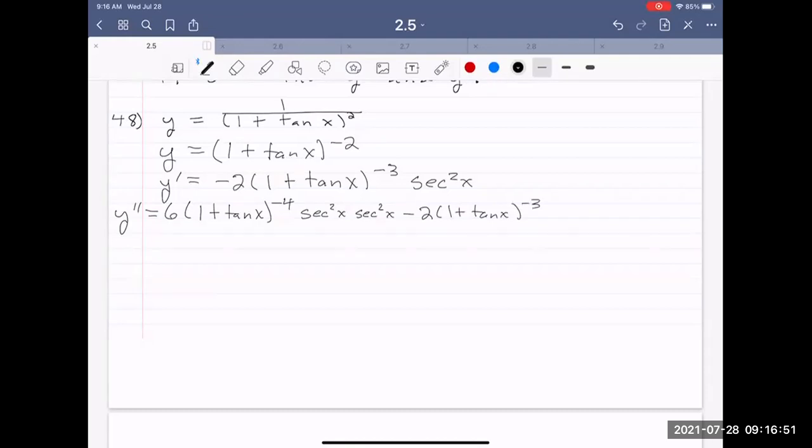Negative 3. So that's the first, times the second. Well, to find the derivative of the second, I have secant of x, and I'm squaring it. And so I'm going to bring the exponent out in front, rewrite what's inside to the power of 1 less, times the derivative of what's inside.